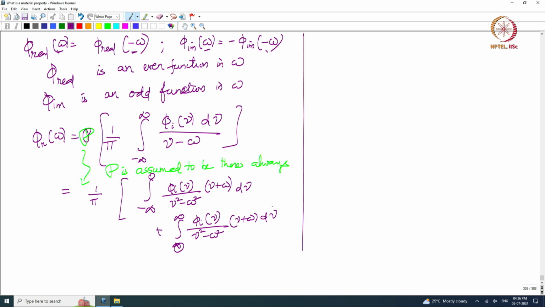And you can actually see that phi I of nu... if I replace nu with minus nu dash, so I change the variable, where nu dash equals minus nu, and nu dash then goes from infinity to 0 or 0 to infinity.